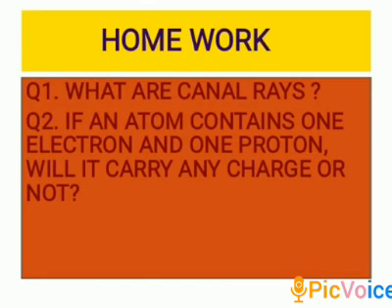The answer is, canal rays, or we can say anode rays, are streams of positively charged particles which move towards the negative electrode, meaning cathode, in a discharge tube, when high voltage electricity is passed through a gas at very low pressure taken in the discharge tube.